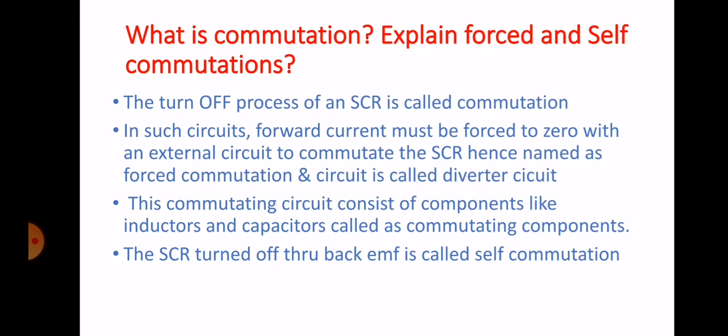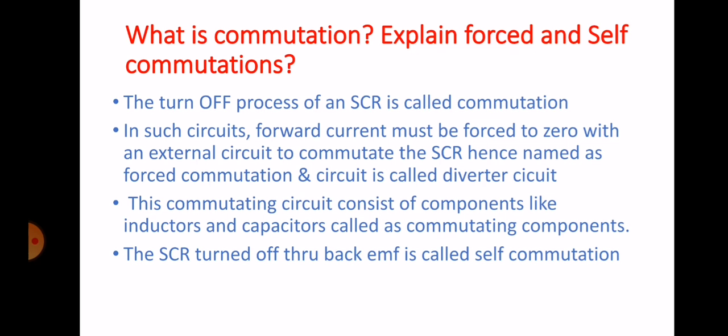Let me explain, in inverter SCRs. In inverters, there are SCRs installed, and once you turn on the SCR through the gate signal, then you need to zero the input voltage of the SCR to turn it off. So to make the input power zero, we need a separate circuit that is called a diverter circuit.